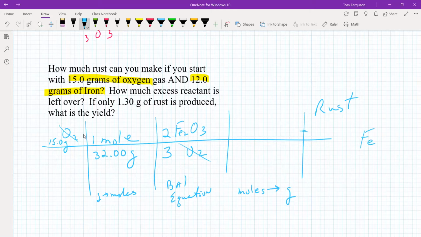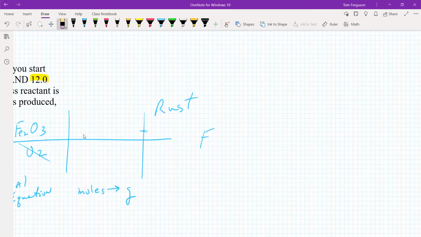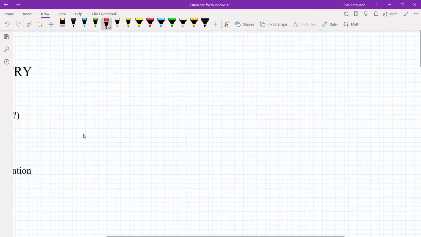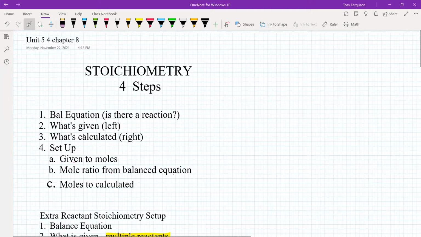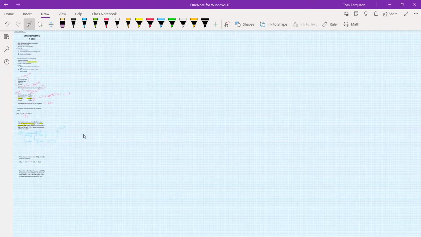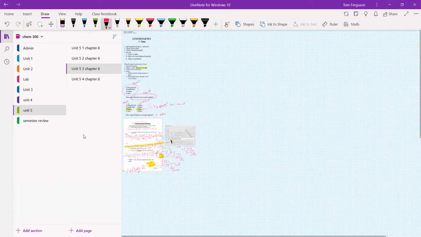Okay, so what is the molar mass for rust here? Oh, I need a periodic table. Let me grab this periodic table right here from last time.